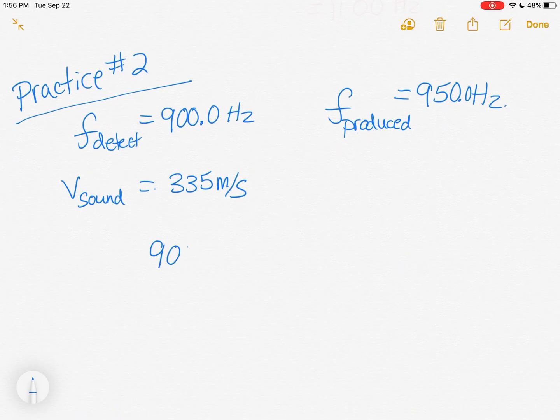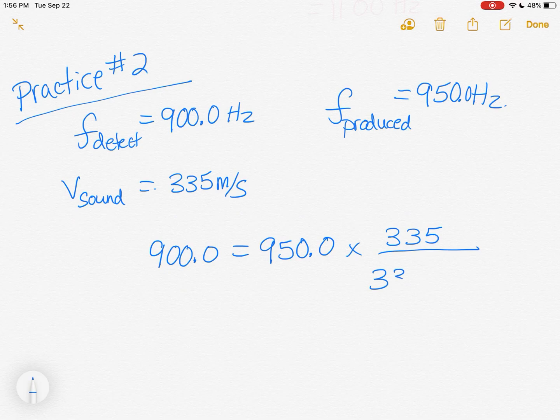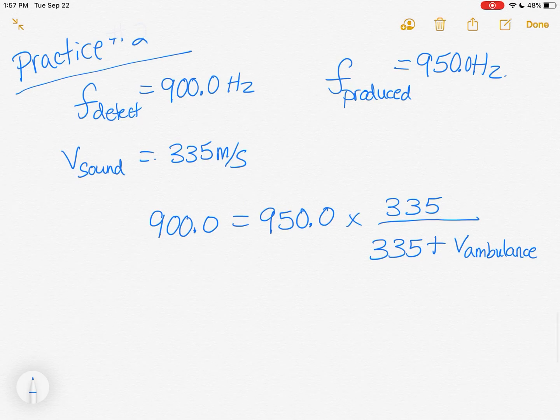So our frequency detected is our 900 hertz. Our frequency produced is our 950 hertz. And then we're multiplying by the speed of sound, which is 335. Over our speed of sound, we're going to add the speed of our ambulance. And the speed of our ambulance is what we're trying to solve for.